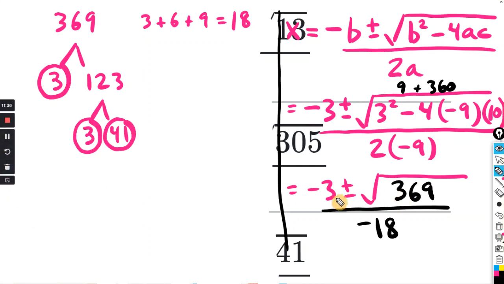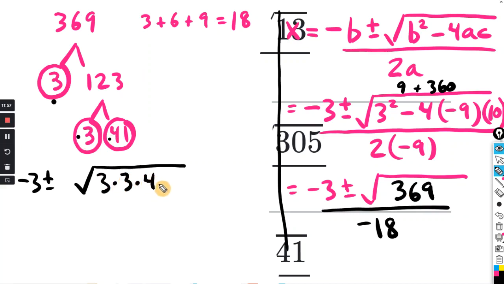All right, so rewriting this here, we have negative 3 plus minus, leave some space in front of the square root. And instead of 369, 3 times 3 times 41.